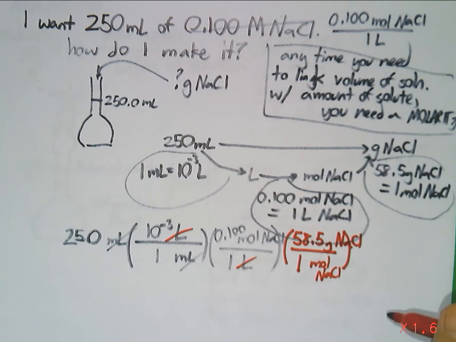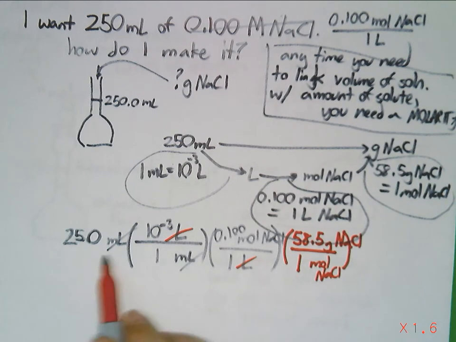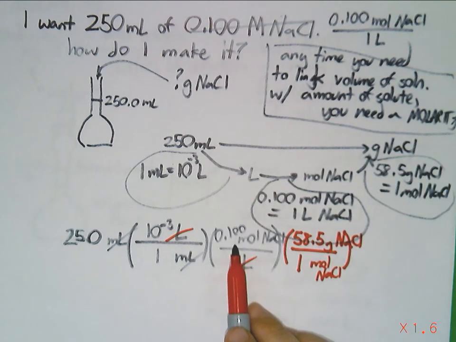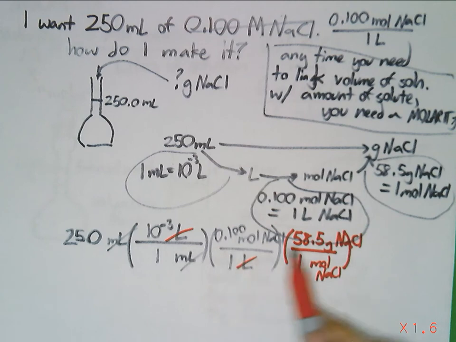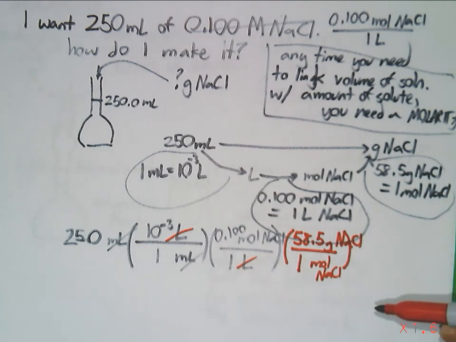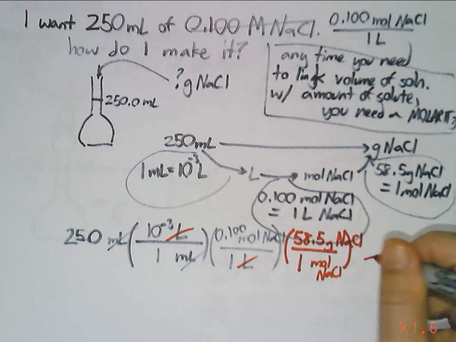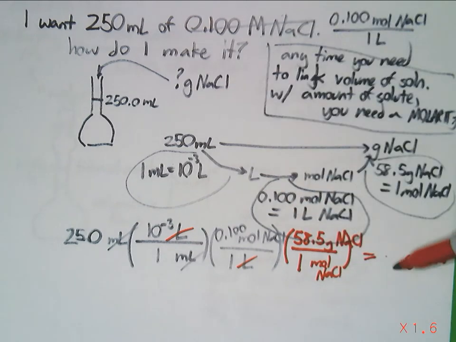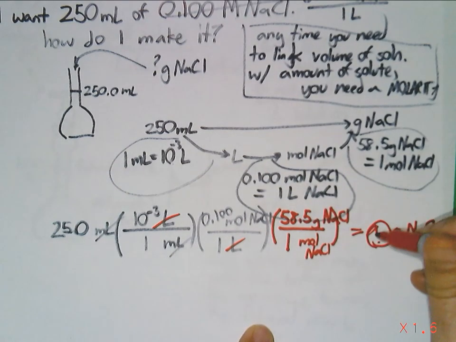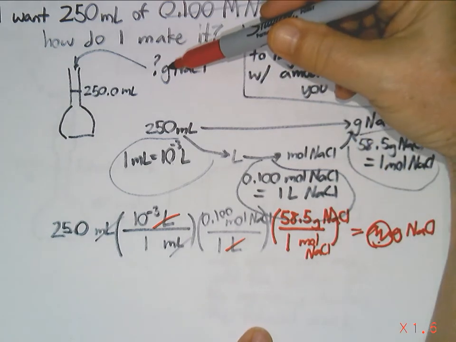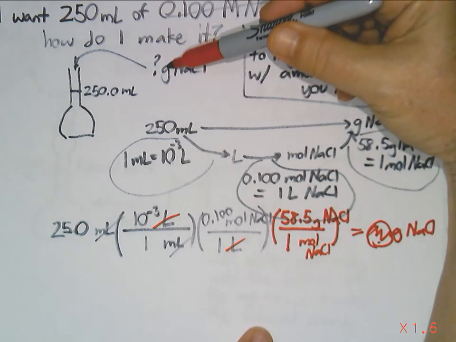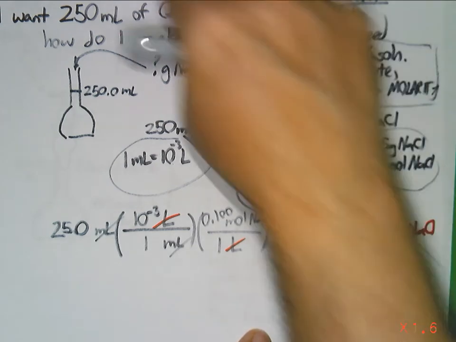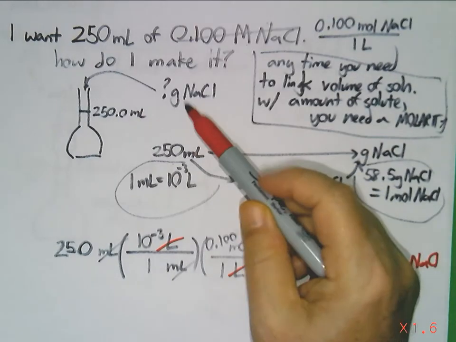I can just go ahead and do the math here. So this is going to be 0.25 times 0.1 is 0.025 times 60, whatever that is. That's going to give me my answer in grams of NaCl. And then my recipe here is, whatever I get here, this many grams of NaCl, plug it up here and tell whoever's looking at this problem, this is how you make it.